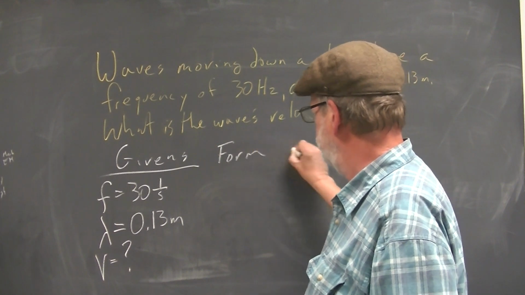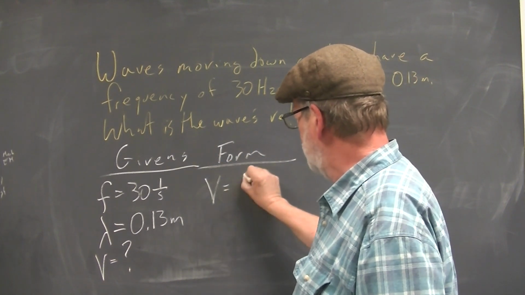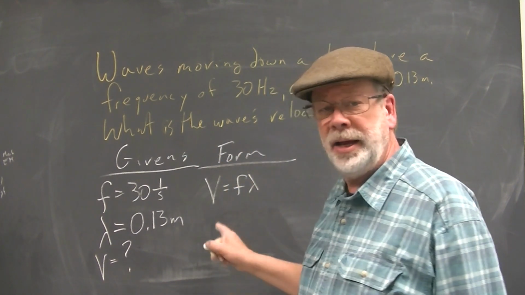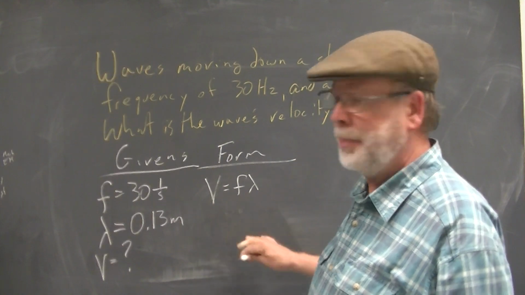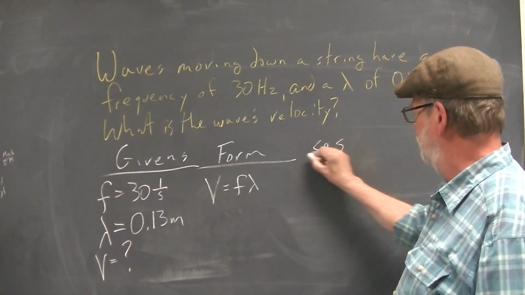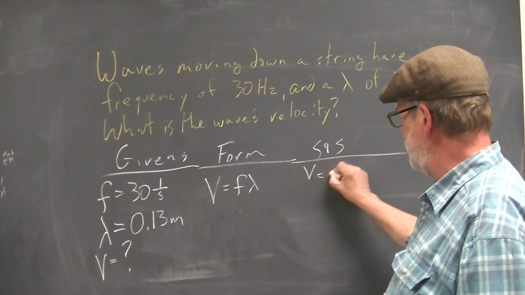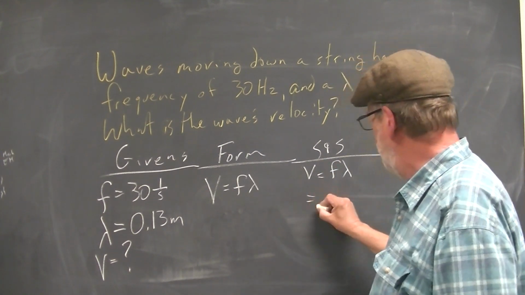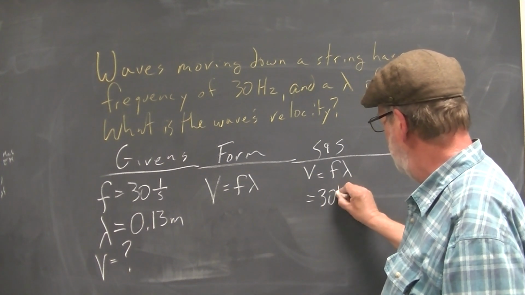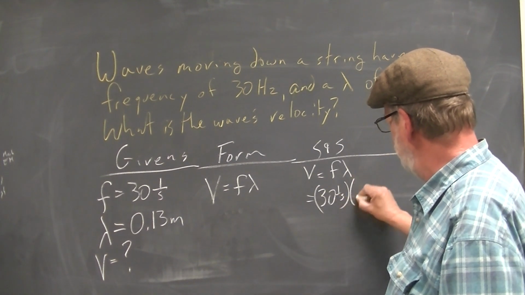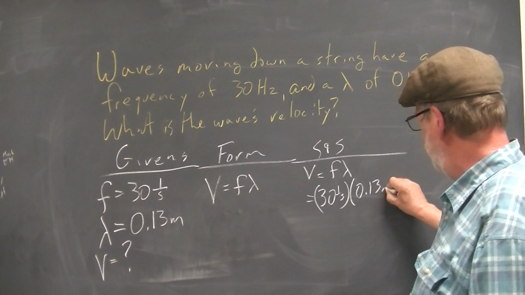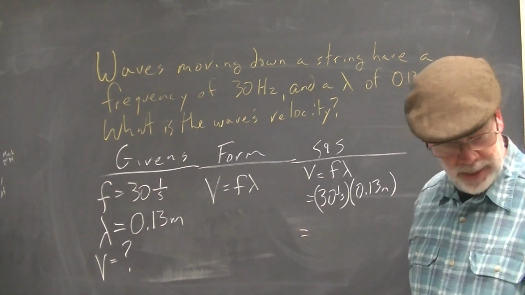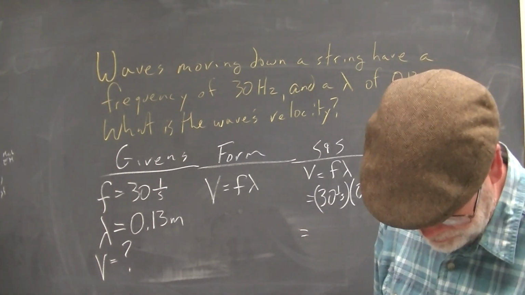Formula, v equals f lambda. Again, if I had to rearrange it, that would happen here. I don't. v equals f lambda. Please make sure you rewrite that. Now v equals 31 over seconds times 0.13 meters. Now it's time for your calculator.